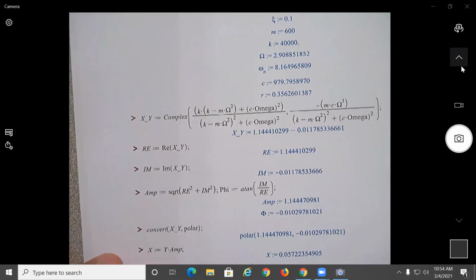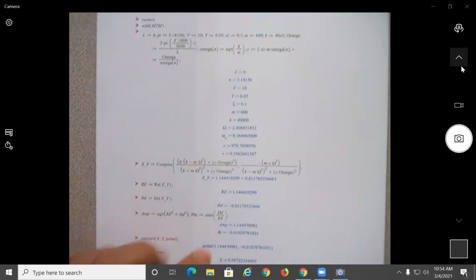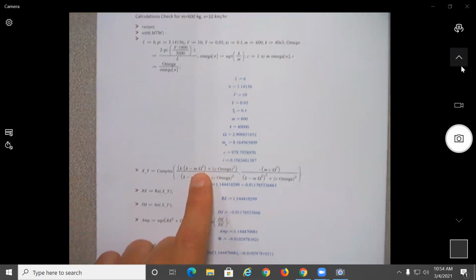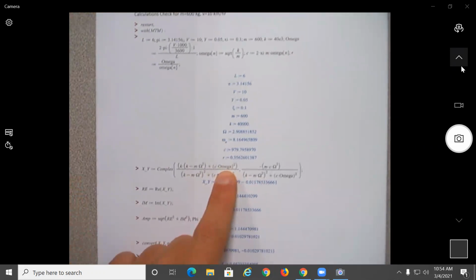Okay, I will also add this. I don't know why I did it this way, but it looks like this is a Maple file for the sample calculations. Oh yeah, I'll probably use this because of the notation. Oh. So why didn't I put here the capital omega? I have no idea.